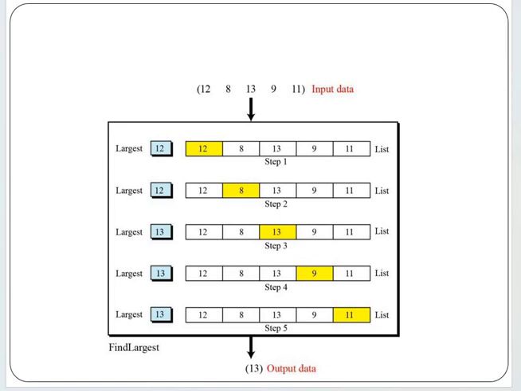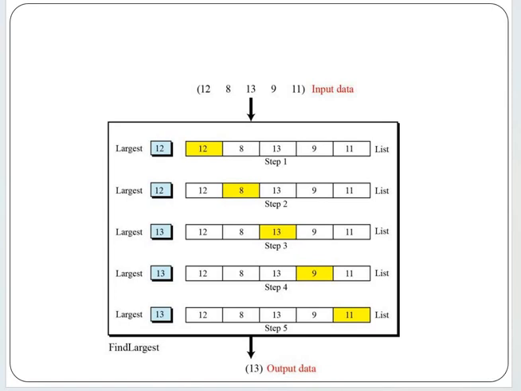Since 12 is greater, the largest value remains unchanged because largest is 12. Next is comparison and update. The next number in the list is 13. As 13 is greater than the current largest value 12, the largest is updated to 13.